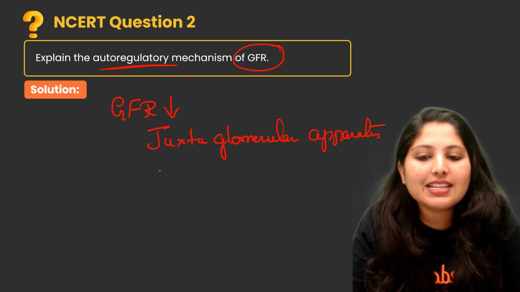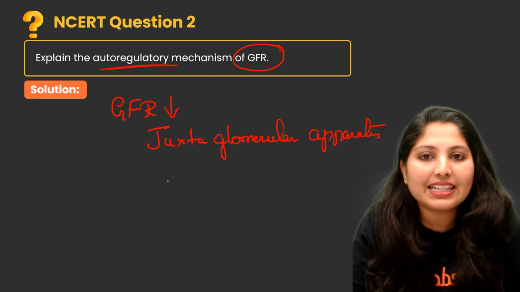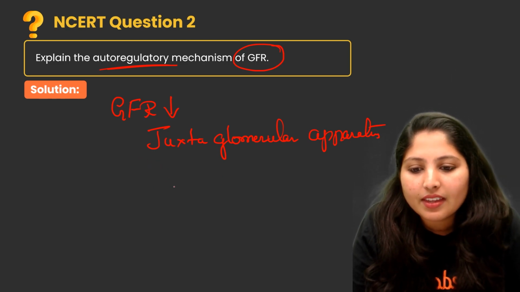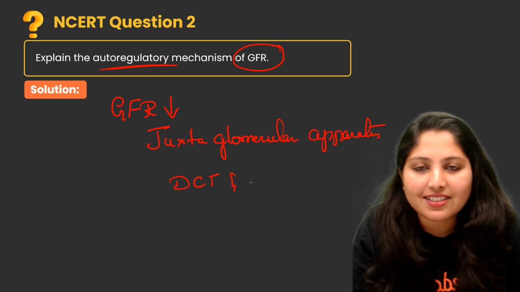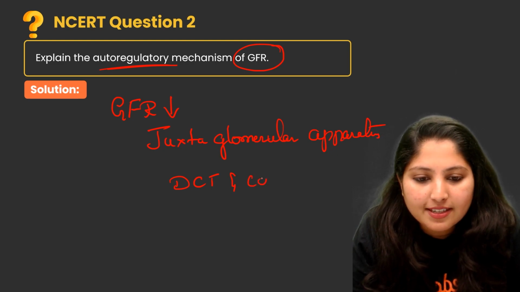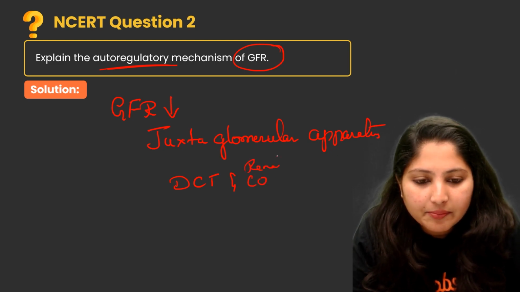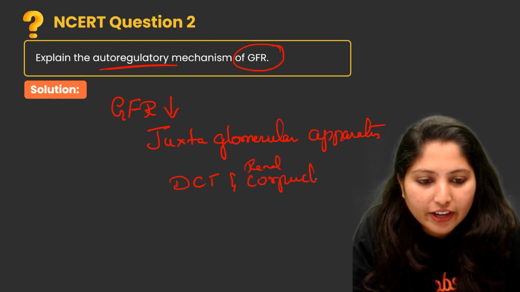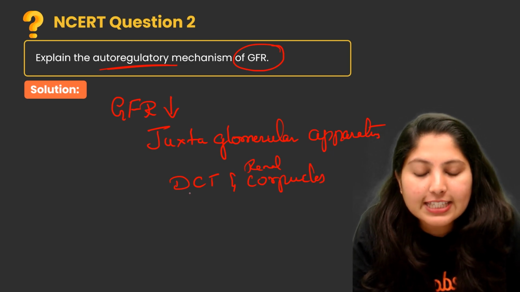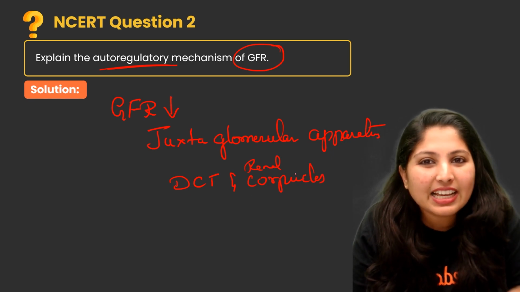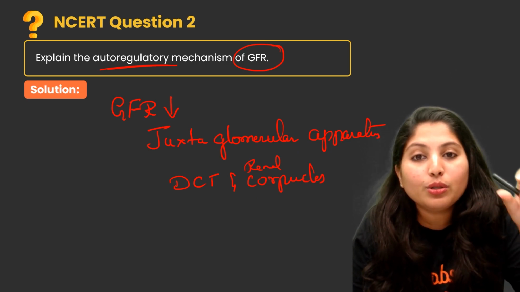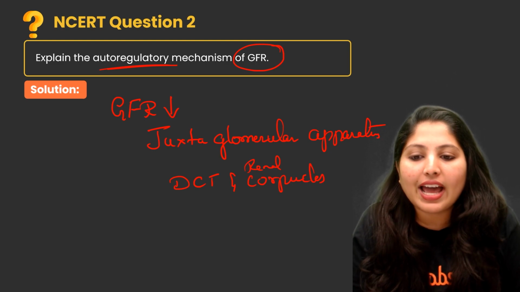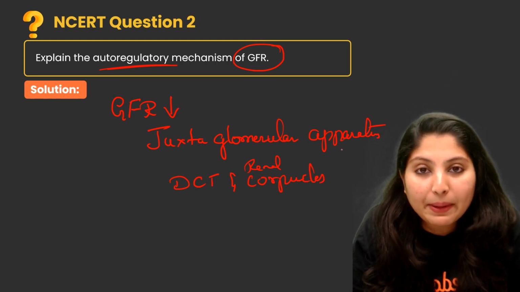This apparatus is present between the DCT and the renal corpuscles. Between this DCT and renal corpuscle, there is a junction, an overlapping of these two. That particular place is known as juxtaglomerular apparatus.